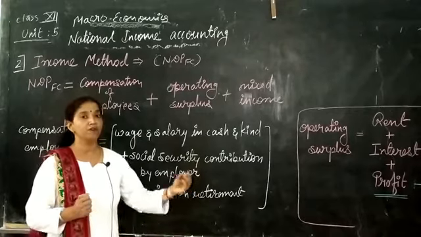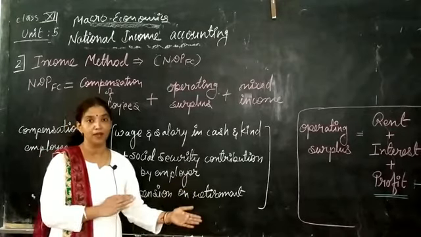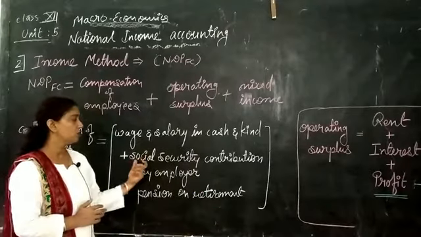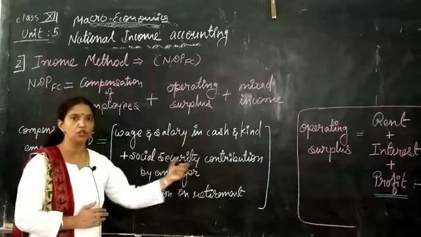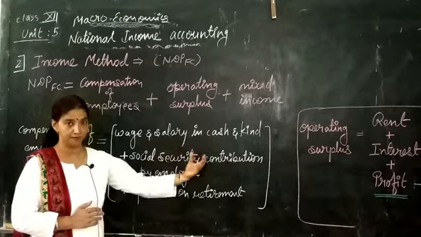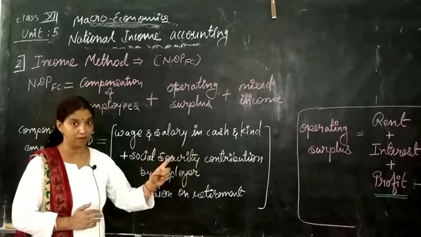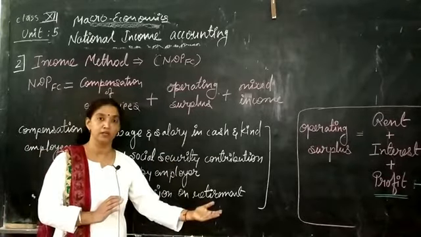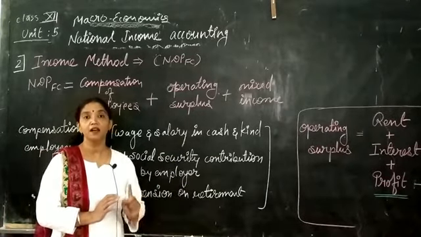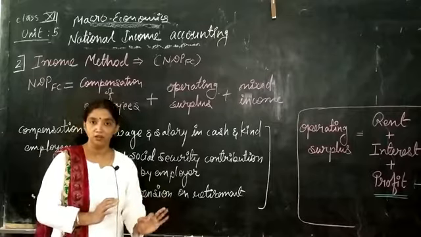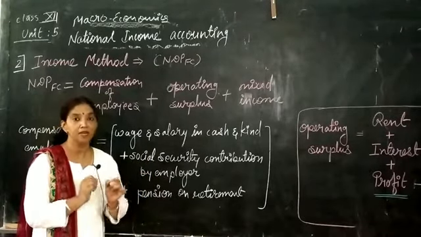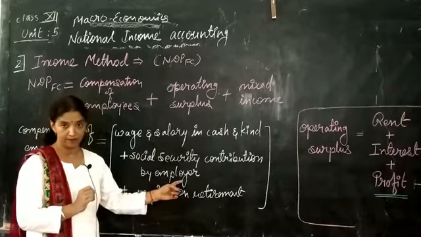The portion of provident fund paid by the employer on behalf of a particular employee is called social security contribution, in short SSC by employer, not by employee. In questions sometimes SSC by employee is also given, but we are not taking that. We have to take only the contribution made by the employer.